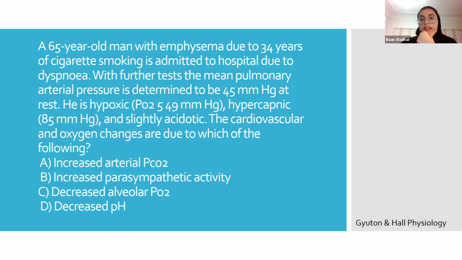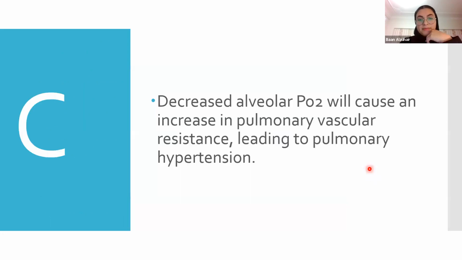Okay, we're having different answers. Okay, so the answer is actually C. Decreased alveolar O2 will cause an increase in pulmonary vascular resistance, leading to pulmonary hypertension.